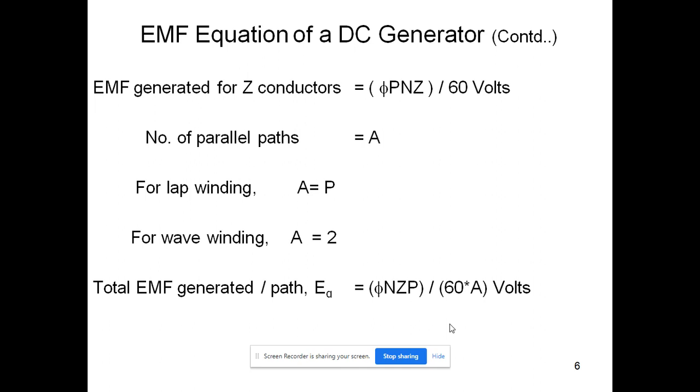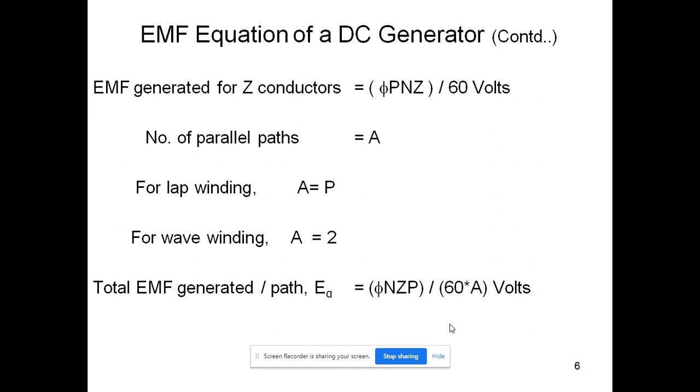This is the most important equation, and there will be many problems. Many times questions will be asked in competitive exams.